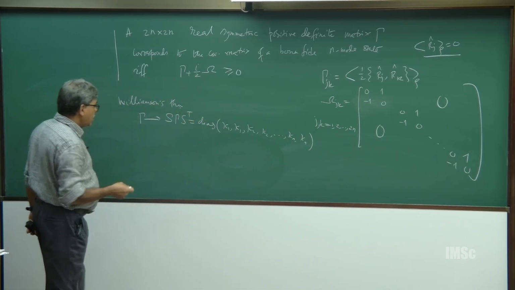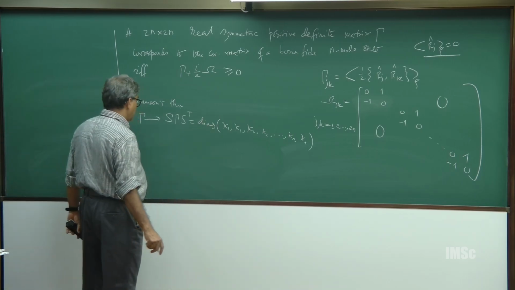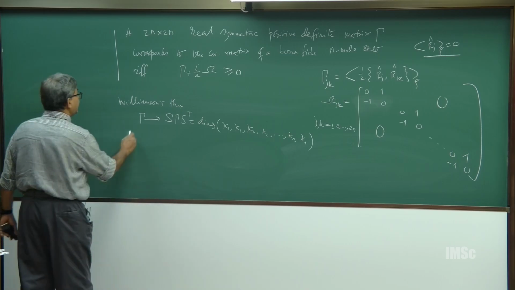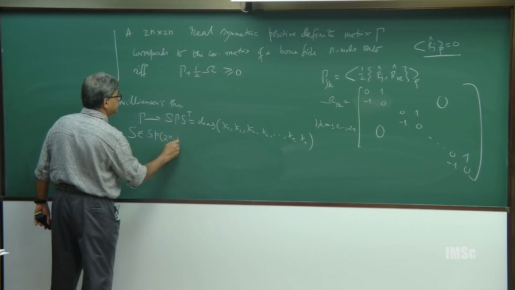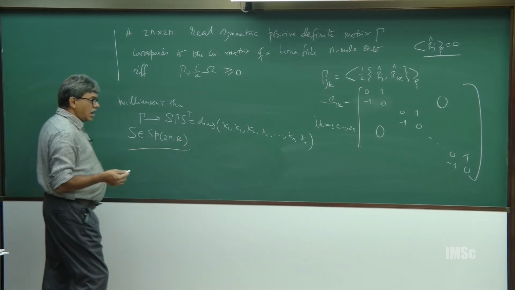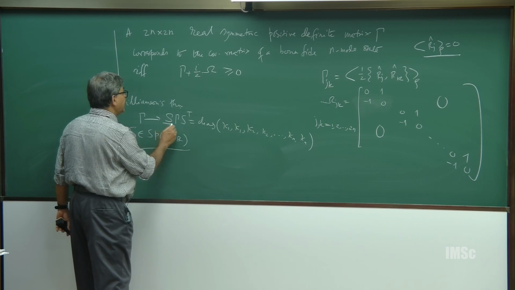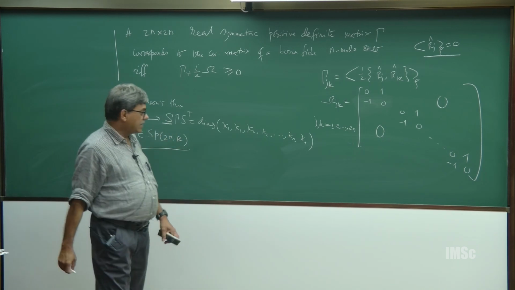Okay. And this is the Williamson's canonical form, and S is a symplectic matrix in SP2n R. But the question is how to get this symplectic matrix. Okay, that was the question.